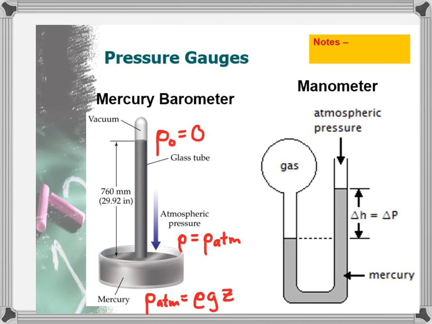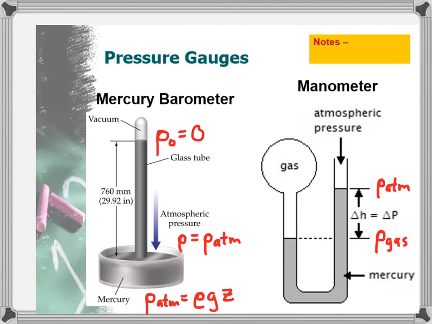Another instrument that's commonly used to measure pressure is a manometer, and actually what it's devised to do, instead of measuring the atmospheric pressure, it actually measures the pressure inside a gas sample. And what you do is the pressure here has to equal that gas pressure, and then the pressure on top is caused by atmospheric pressure.